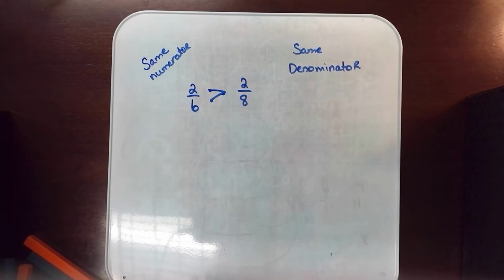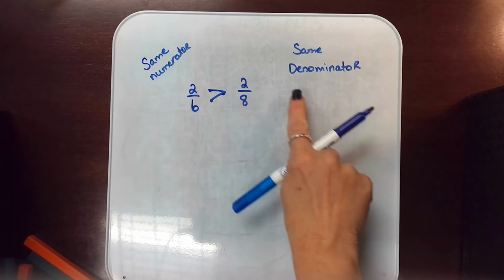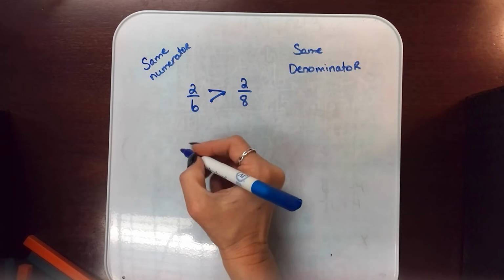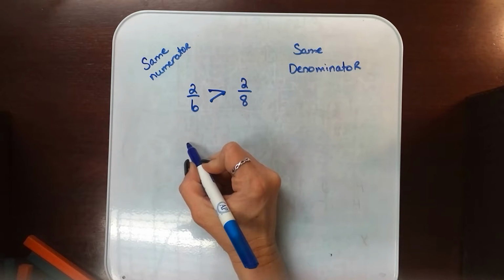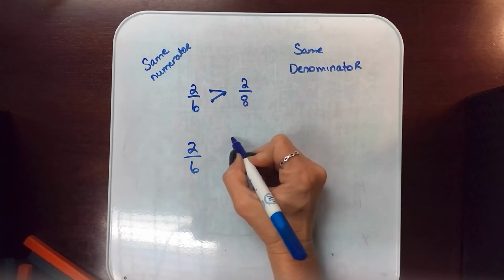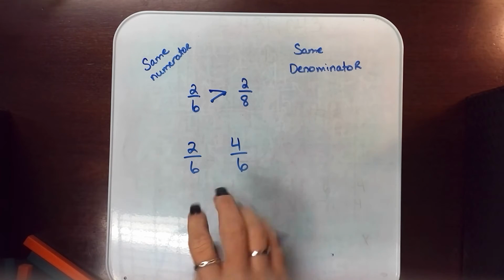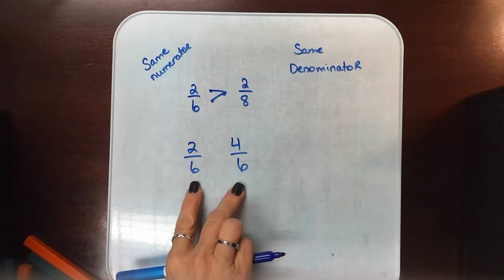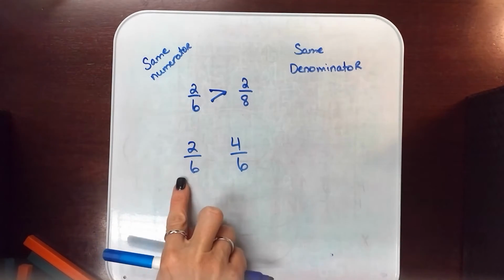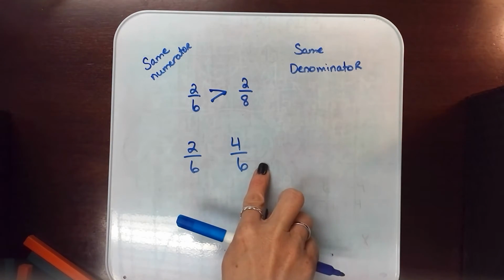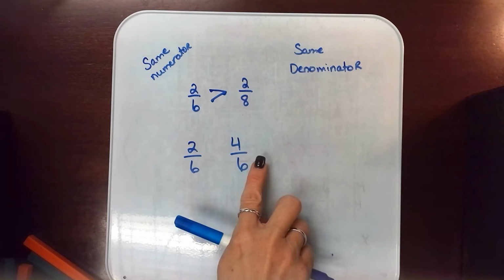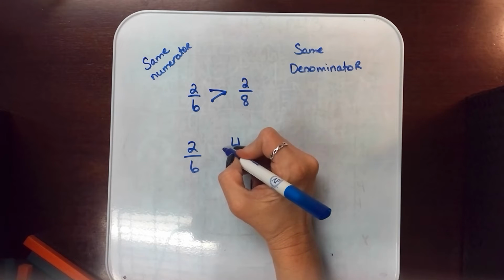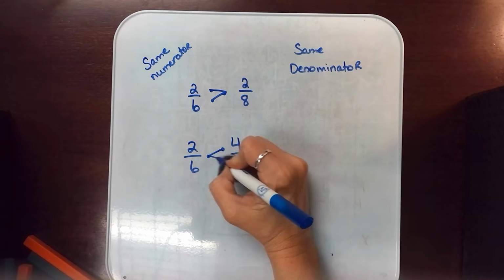Okay, so that is the same numerator, and that's harder than even this next one, which is the same denominator. So if I have 2/6 and 4/6, I know I have a pie that's cut into 6 pieces, right? So I have 2 of those slices, or I have 4 of those slices of pizza, or pie. So which one's larger? Which quantity is larger? Well, definitely if I have 4 pieces, it's going to be larger than 2 pieces.